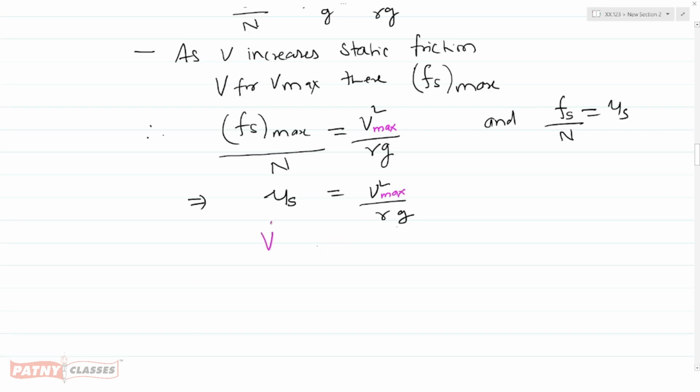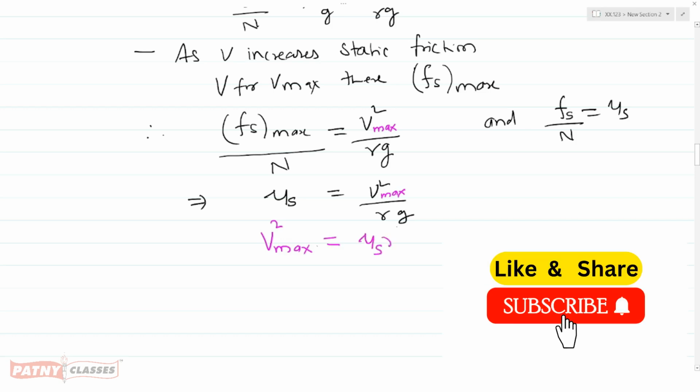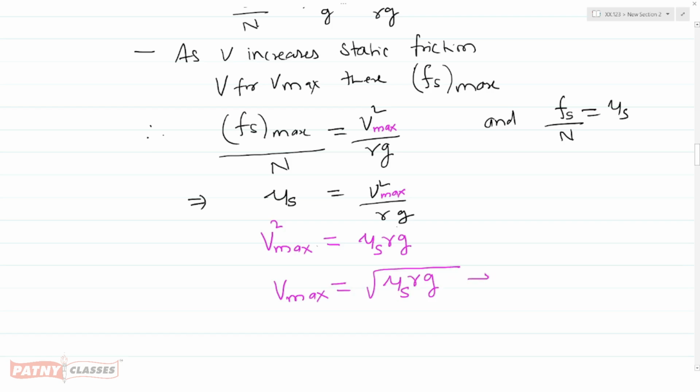This implies v max square equals mu s rg. Now taking the square root on both sides, we get v max equals the square root of mu s rg. This is the maximum linear velocity of the body taking a turn along the horizontal curved road.